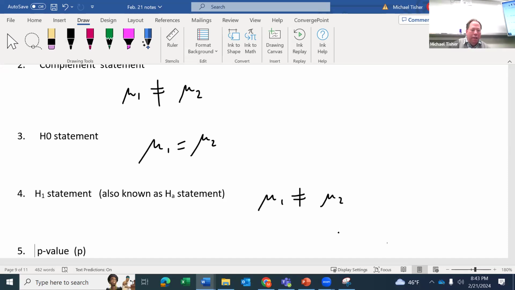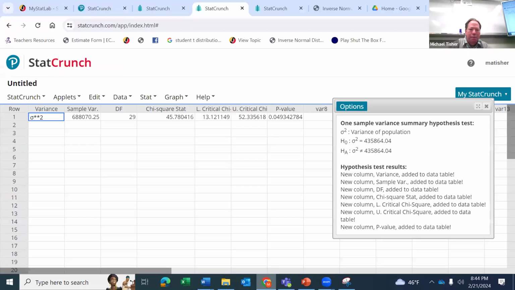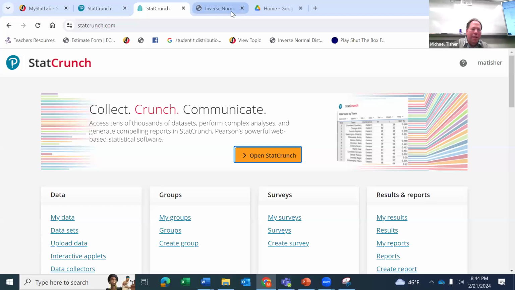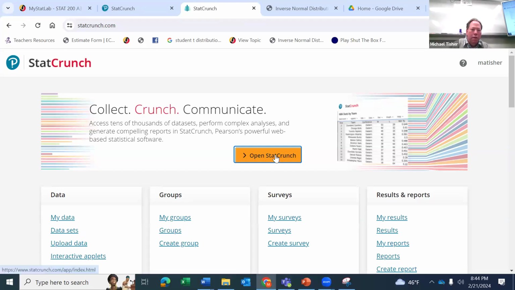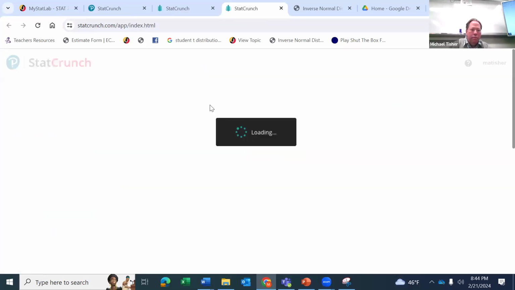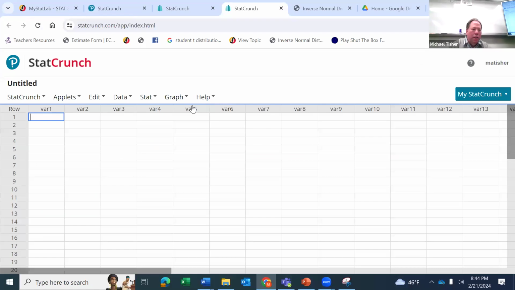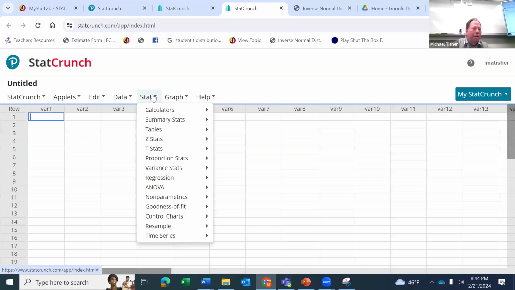All right, now we have to find the p-value again. StatCrunch will gladly give it to us. So we'll go to Stat. Now we're doing a test for a mean, right? So which do you want to choose again?